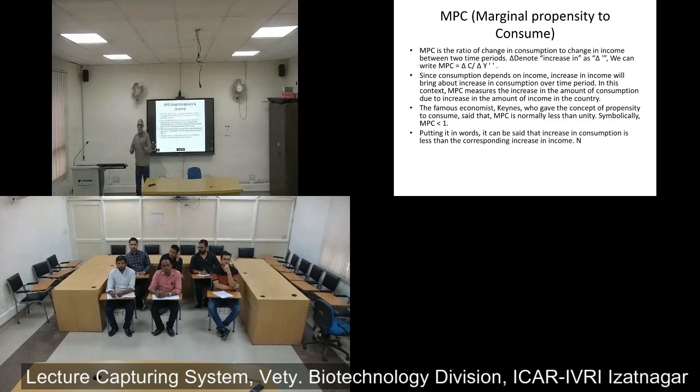Earlier we had the ratio between consumption and income. Now here you have the change in income and the change in consumption. This change is defined by this particular symbol, delta. Here it is change in consumption, here it is change in income, so you can define MPC as change in consumption due to change in income, or the rate of change in consumption to the rate of change in income.